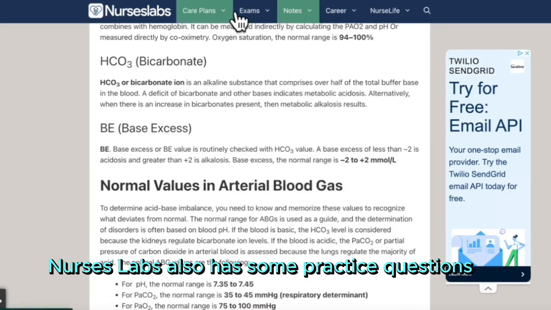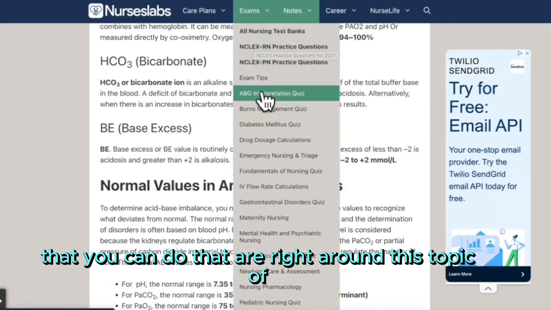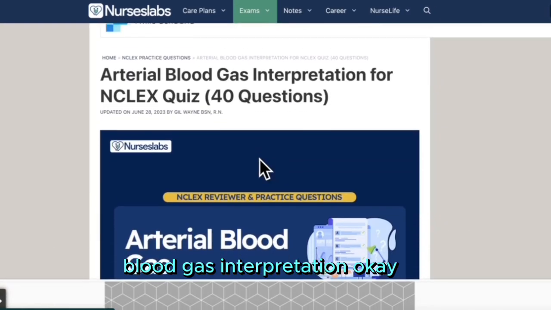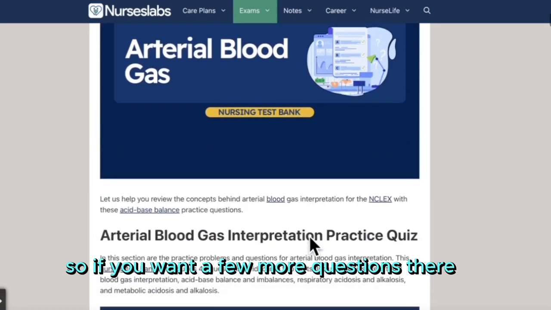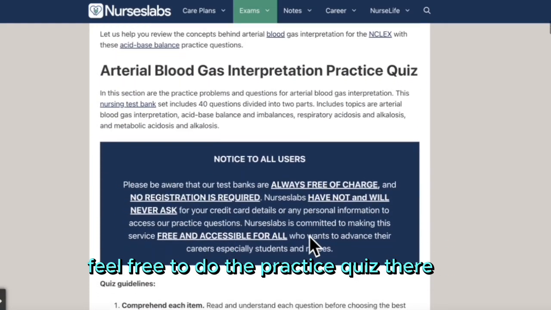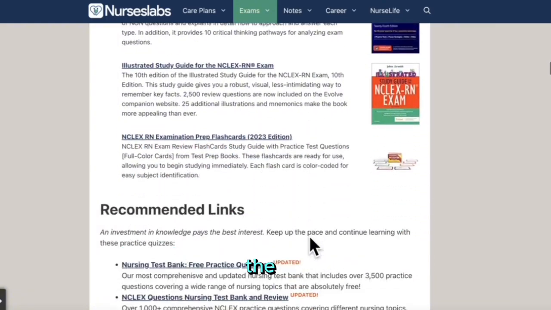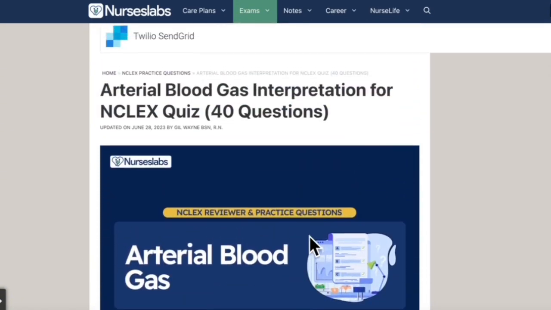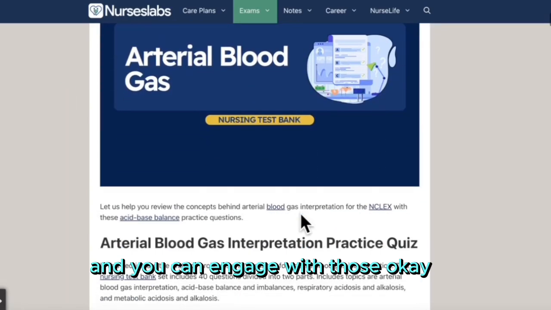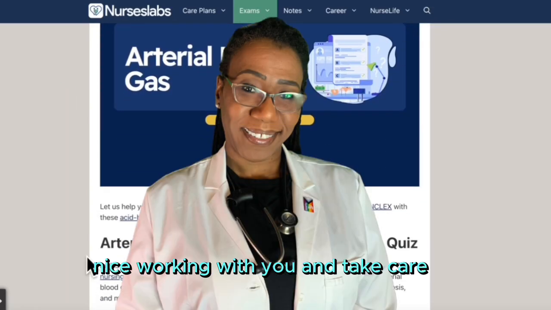Nurses Labs also has some practice questions right around this topic of ABG blood gas interpretation. If you want a few more questions, feel free to do the practice quiz there. Just scroll down until you see it and you can engage with those. Well, nice working with you and take care.